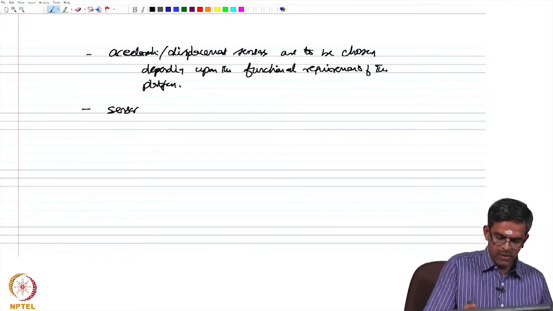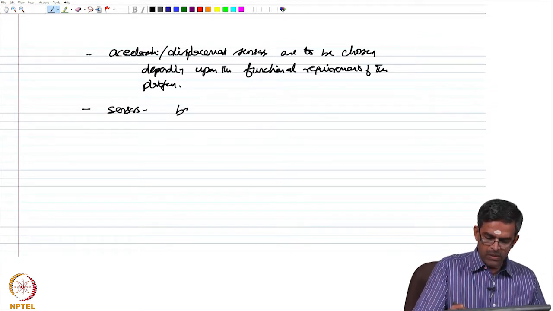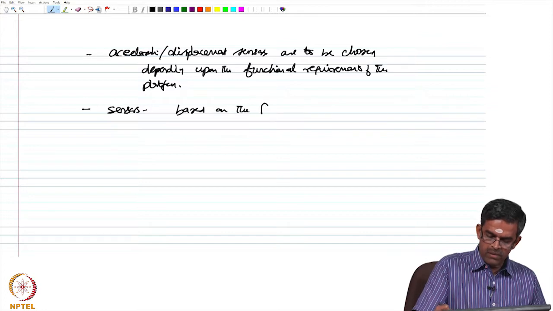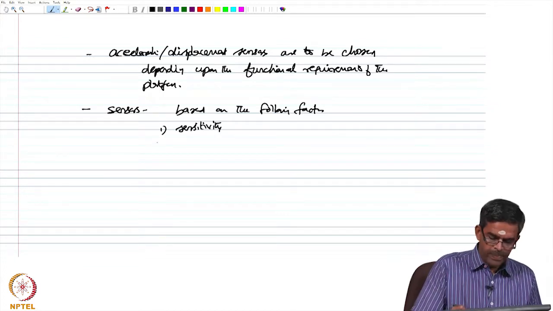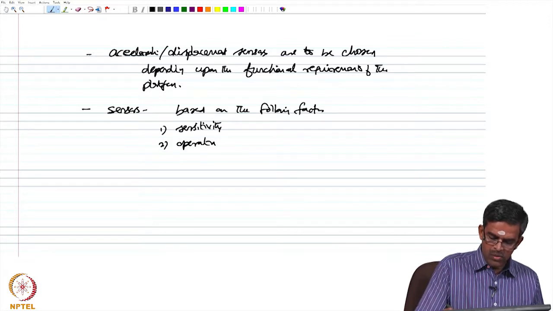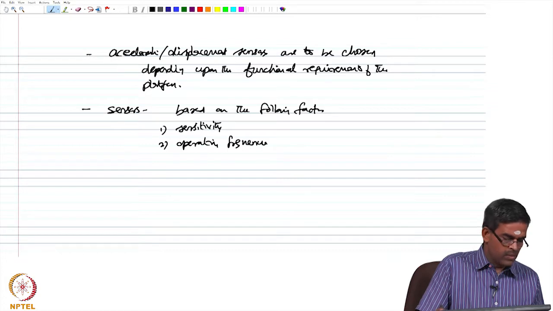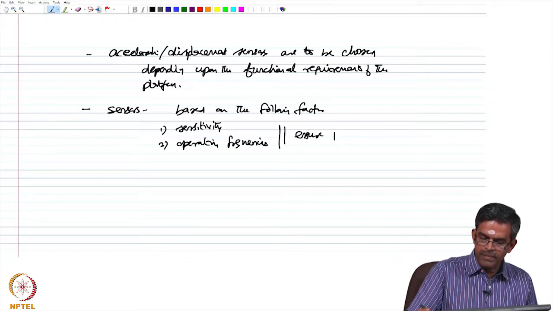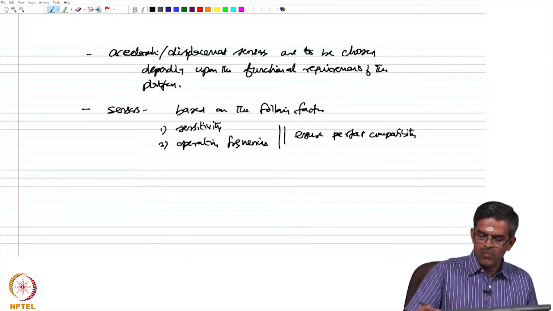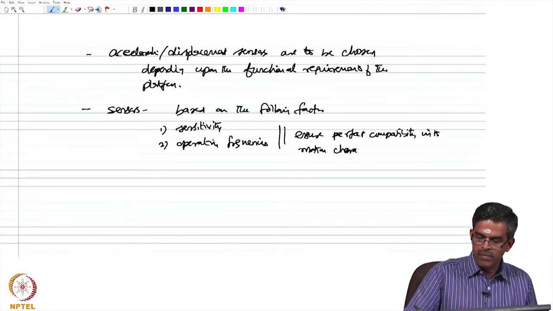Sensors will be selected based on the following factors. 1, sensitivity. 2, operating frequencies, so that they ensure a perfect compatibility with the motion characteristics of the platform.